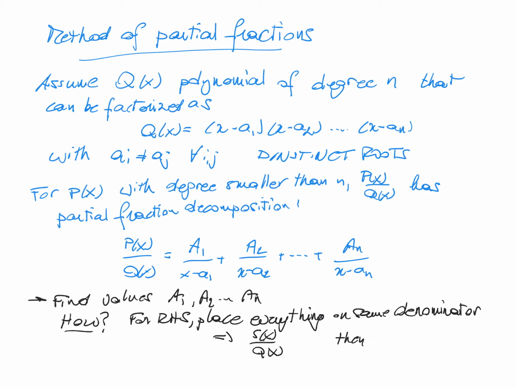And then you know that the left hand side and the right hand side have to be the same. So then you have p of x is s of x. This s of x depends on A1 to An. And so you get a set of equations which allows you to solve for A1 to An.